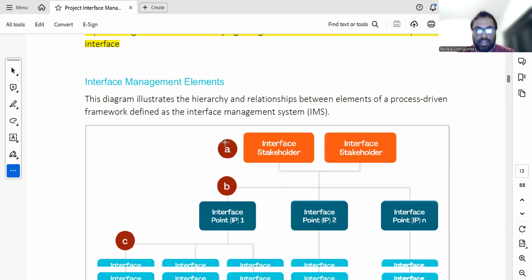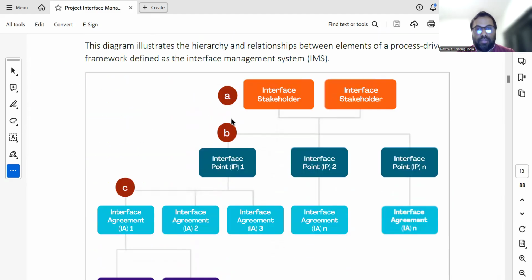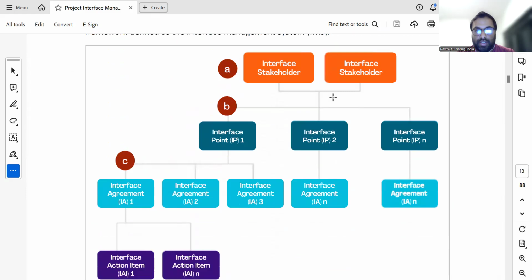And if you see the schematic diagram here, the flow. You can see the interface stakeholders; let's classify them as interface stakeholder A and interface stakeholder B. Each of A and B has interface points: interface point one, interface point two, and interface point three. So you can create a number of points.